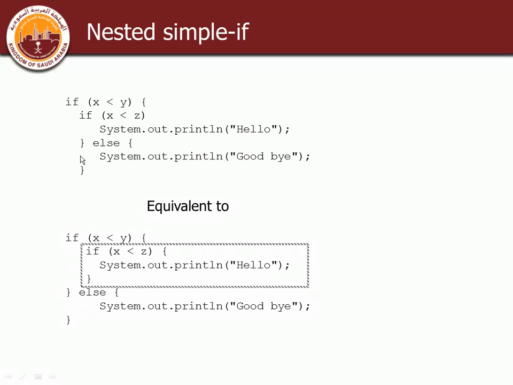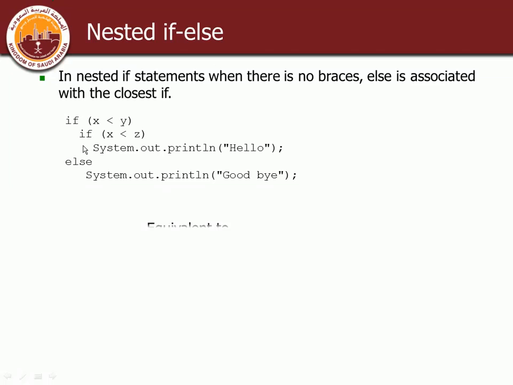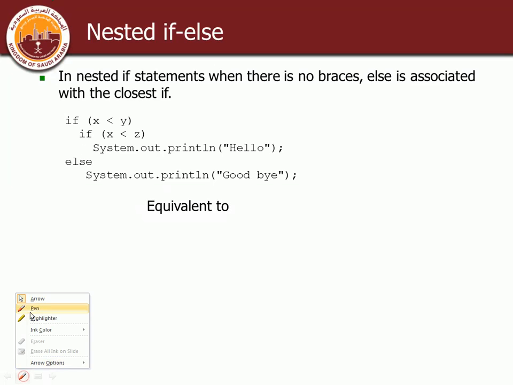So it was opened here and then closed before the else, and the else was opened again. Let's say if you would like to have the same situation as before, you open it here and you close it just before the else. Now this else is attached to this if because of the braces.